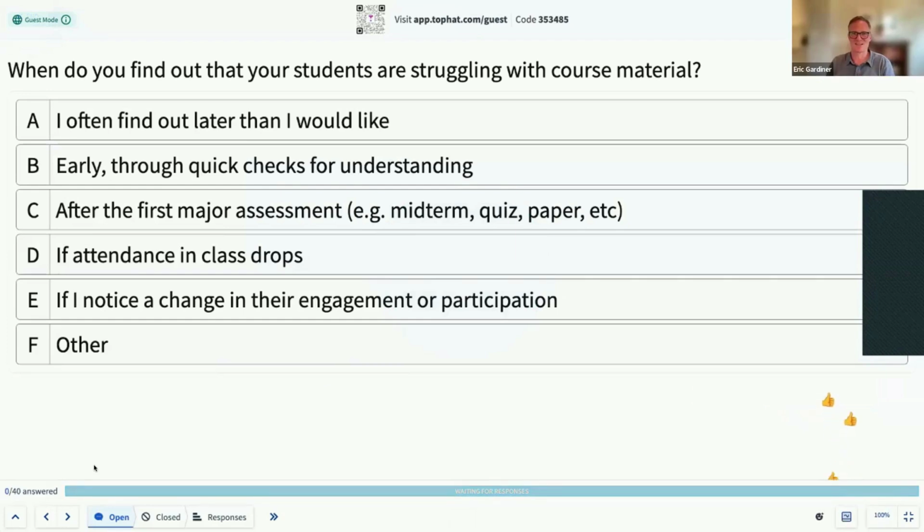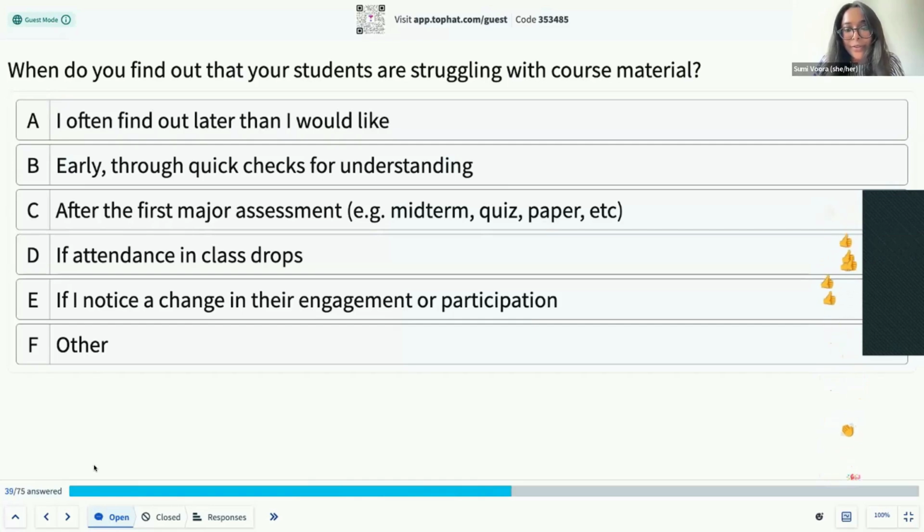I'm curious to see about this because I know we've got a lot of very enlightened educators who attend these calls, and just to see if that's based on attendance, they're just finding out later. Is it when you do those initial polls and quick checks, after that first major assessment, that might be a little too late in some cases?